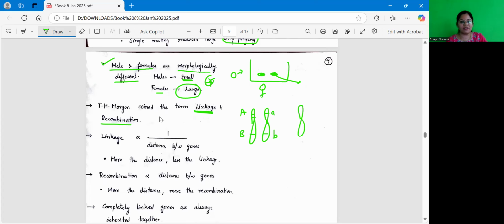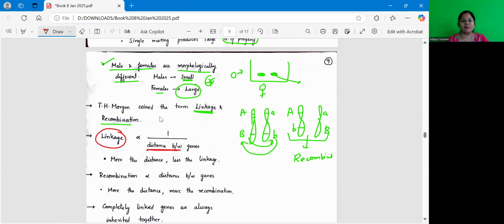After meiosis, we have capital A here, small b here, and capital A here and capital B here. So what happened? This has gone to this side and this to that side. Now this thing we call recombination. Recombination is the exchange of genetic material. So these things were observed by Morgan in his experiments.